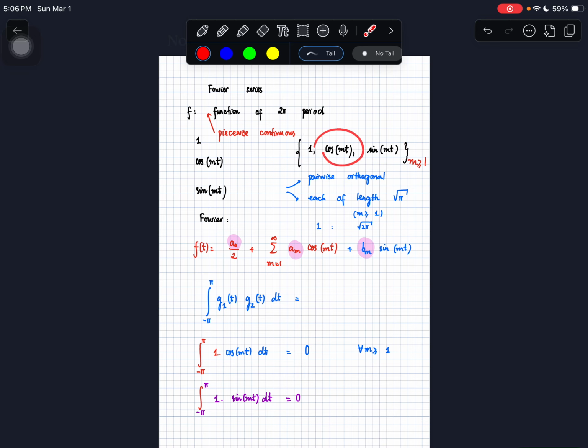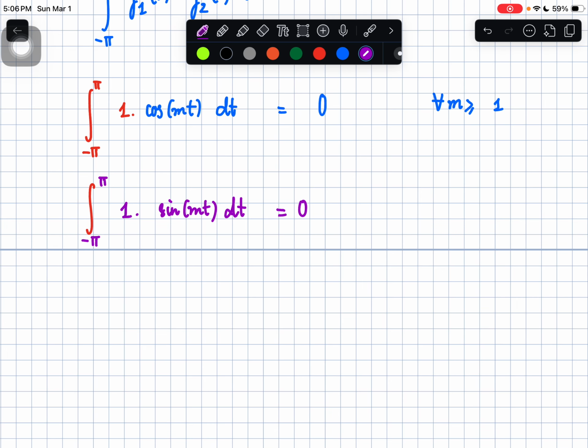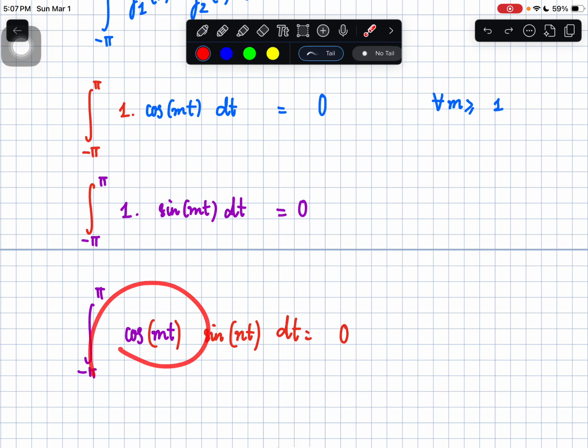Cosine is orthogonal to sine: the integral from minus pi to pi of cosine mt times sine nt dt will be 0. So the functions cosine mt and sine nt are orthogonal.